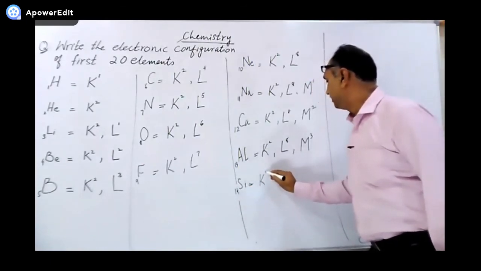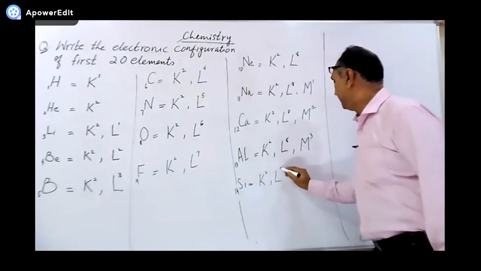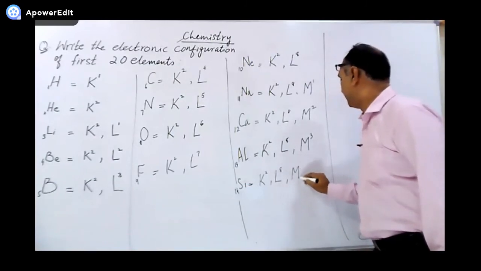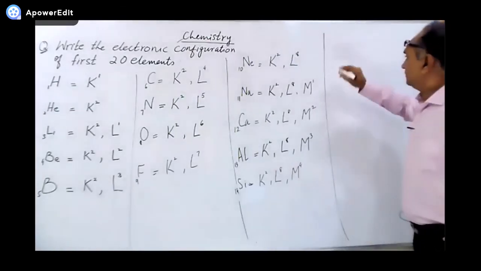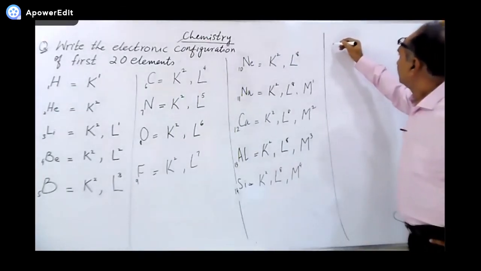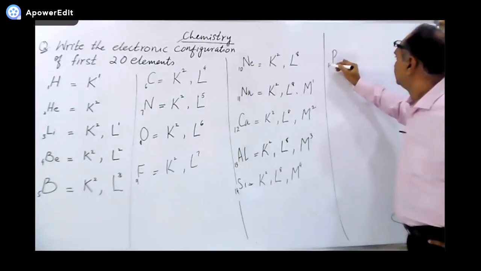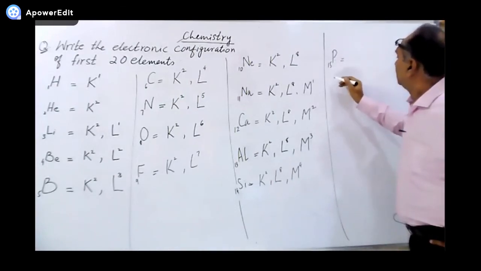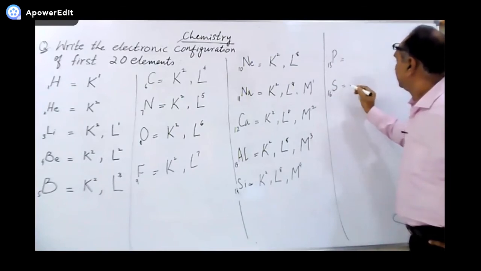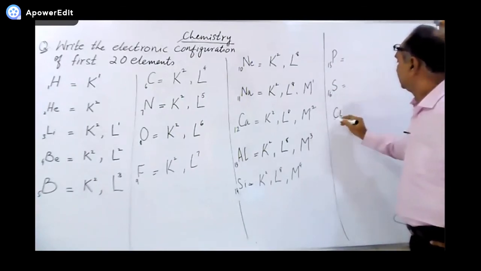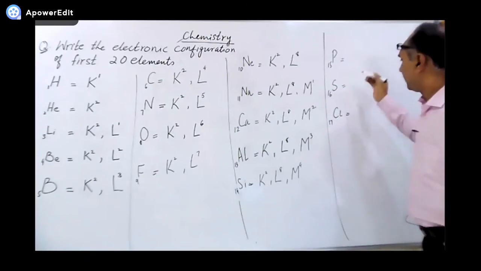K will hold 2 electrons. L will hold 8 electrons, M will hold 4 electrons. Phosphorus, sulfur, chlorine. You can do it by yourself.